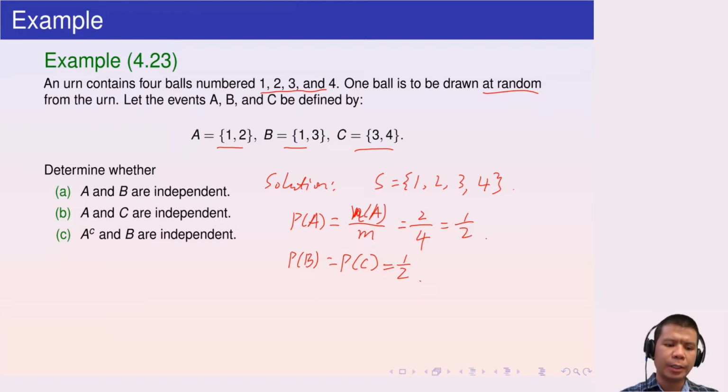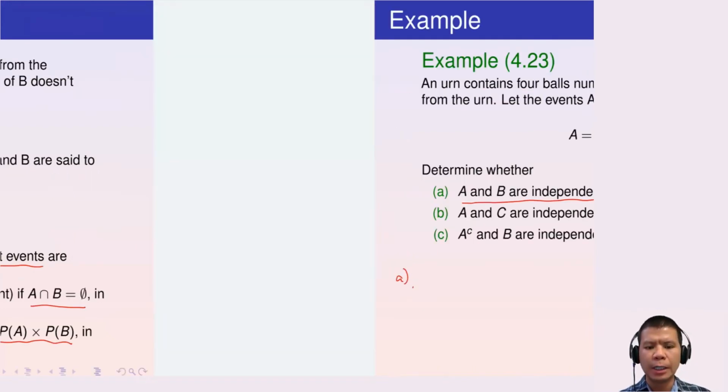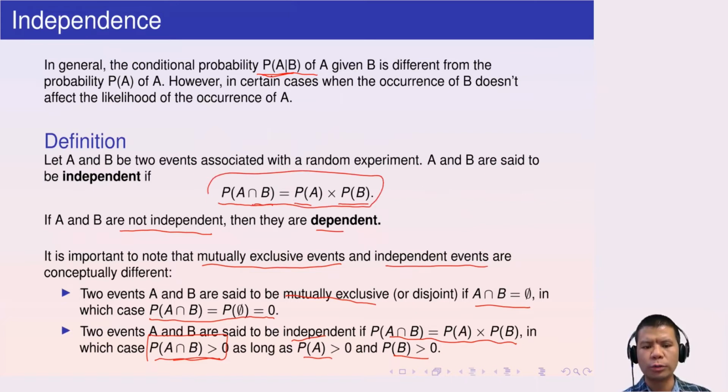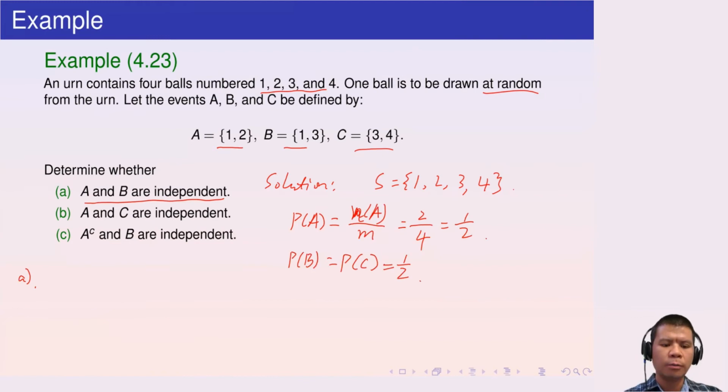Now let's consider part A. How do we determine if A and B are independent? By definition, we need to check if this equation holds: if the probability of the intersection equals the product of their probabilities, then they're independent. Otherwise, they're dependent. So let's check if this equation holds for A and B. Firstly, A intersect B is simply this one outcome here, so it's 1 out of 4.